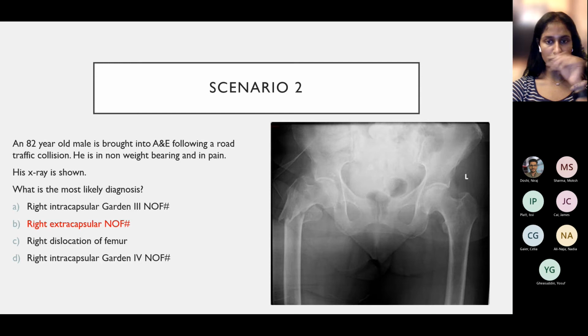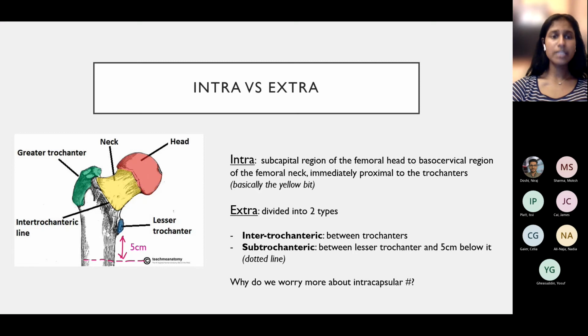Excellent, thank you, Nadia. It's below the intertrochanteric line. Fantastic. So you're taking me nicely to this slide. So this is just really important to know. It's actually quite straightforward, but once you've seen this, you will remember it. Intra is this long explanation that I took off Teach Me Surgery, but basically it's the yellow bit.